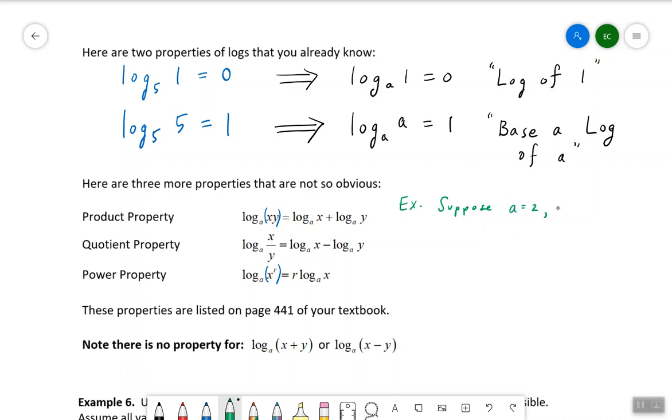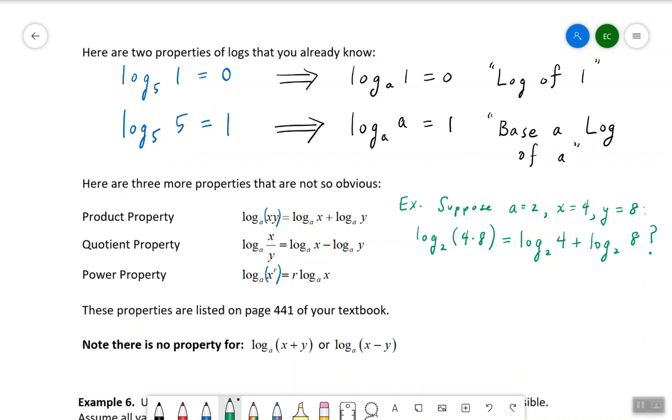Suppose a is 2, x is 4, and y is 8. I've chosen these numbers carefully so that the calculation will be straightforward and we can see that we get a true statement. So specifically, what we would get if we plug that in is log base 2 of 4 times 8 is equal to log base 2 of 4 plus log base 2 of 8.